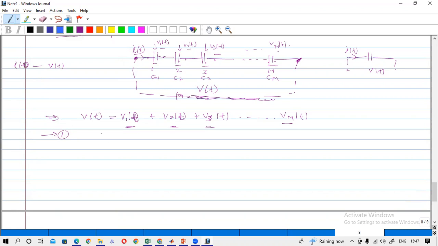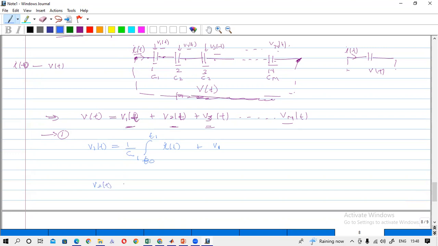For the first capacitor, V1t is equal to 1 by C1 integral from T naught to T1 of It plus, let's say the initial voltage is V1. And I put that same value of I for the second one also.